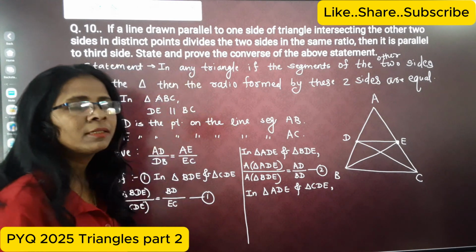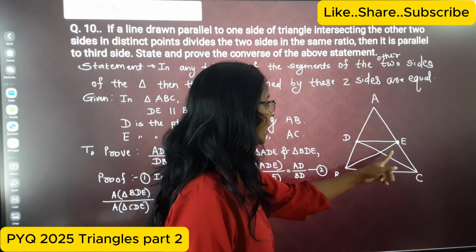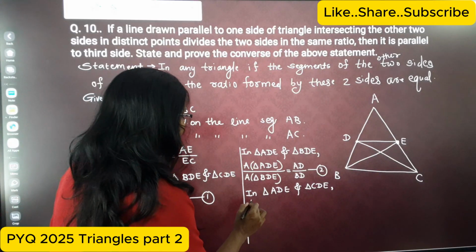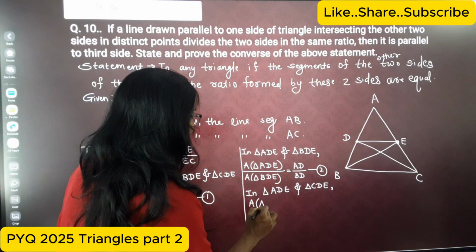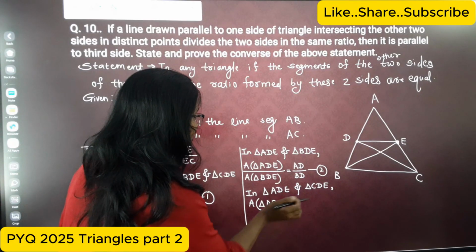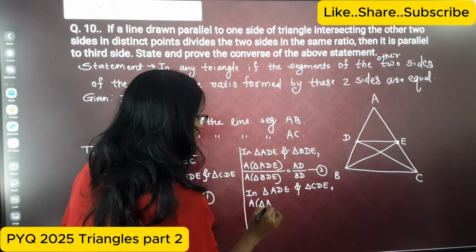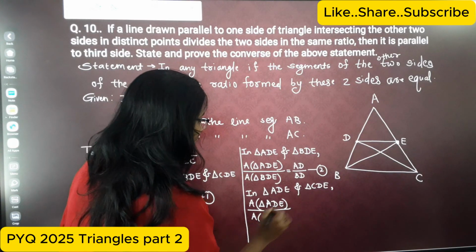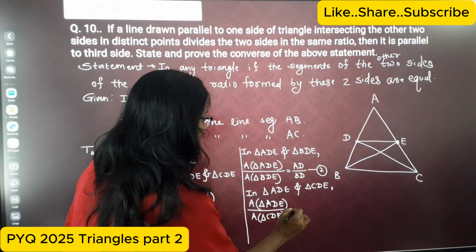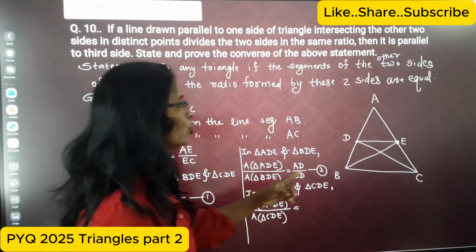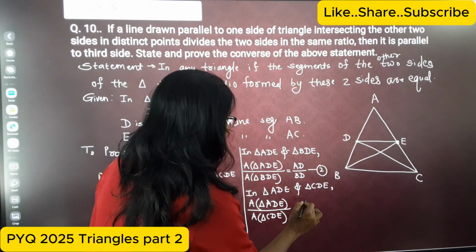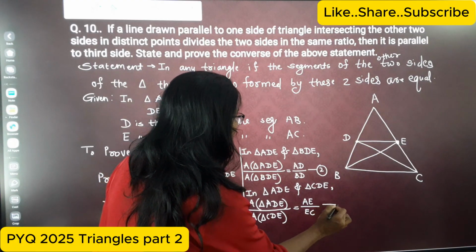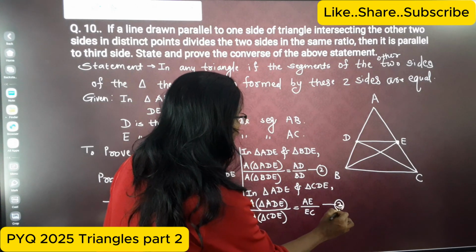These triangles also have the same height, and so the ratio of areas, area of triangle ADE upon area of triangle CDE, is equal to the ratio of their bases, that is AE upon EC. Okay, that is called the third equation.